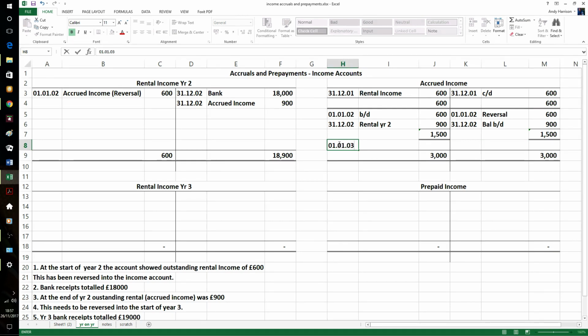So now year 3, accrued income, rental for year 3, there's a £900, so oops, that's better, brought down, this is the rental, jumping ahead there.